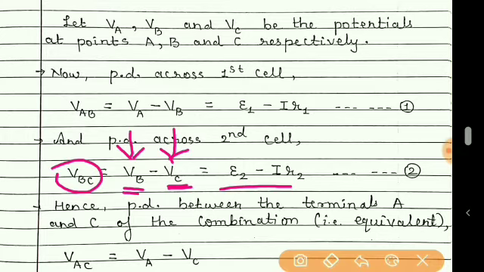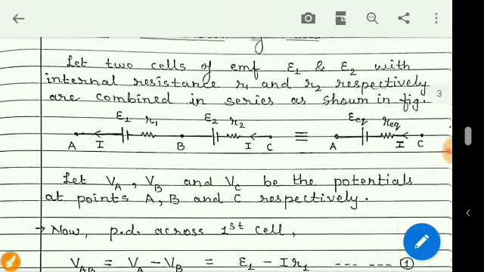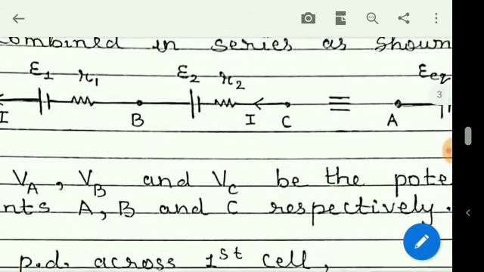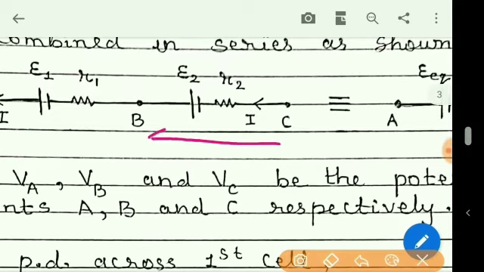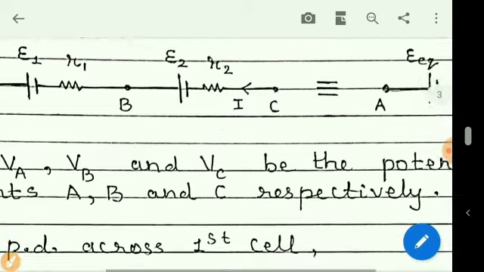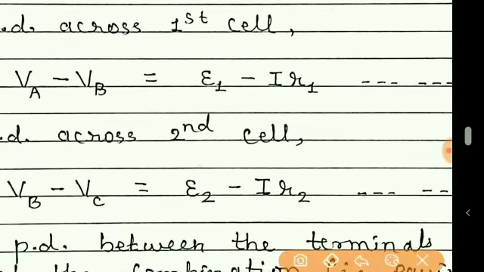Again, same process as we did in the first equation. Here, in moving from C to B, in the direction of current, R2 is there. So the term IR2, in the direction of current, will be negative. So we have put IR2 negative.